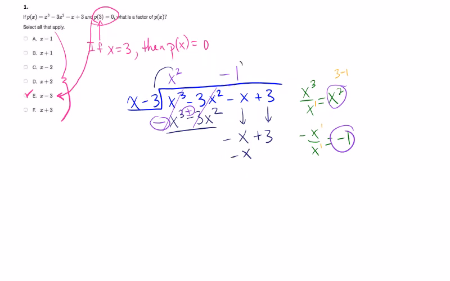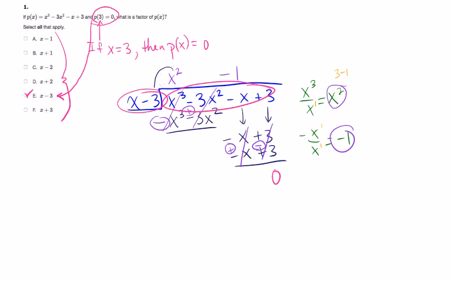And now I'm going to do negative 1 times negative 3, and that gets me positive 3. Alright, and remember we subtract, so it's going to change the sign. This changes to positive, this changes to negative. These cancel out, so that means our remainder is 0. Okay, so that means that this divided by this equals this.